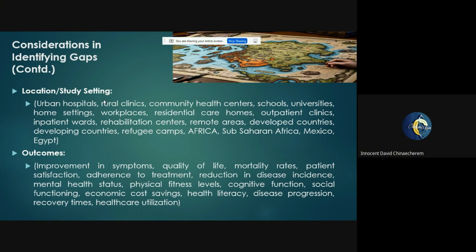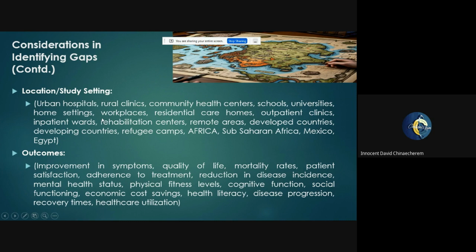In terms of urban hospitals, it could still go further down in detail. We talk about rural clinics, community health centers, schools, universities, home settings, workplaces, residential care. This could actually have names. It could be somewhere in Tanzania, somewhere in India, somewhere in China, in Ayazumbise of Imo State, in Usman Danfodio in Sokoto, anywhere.